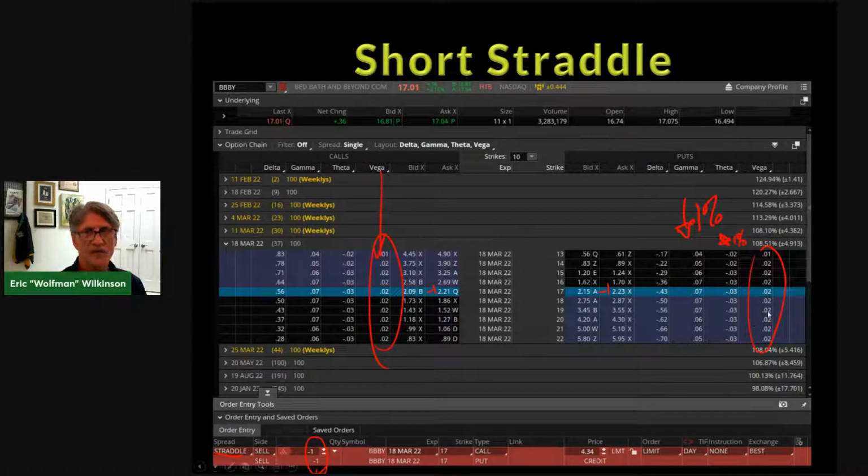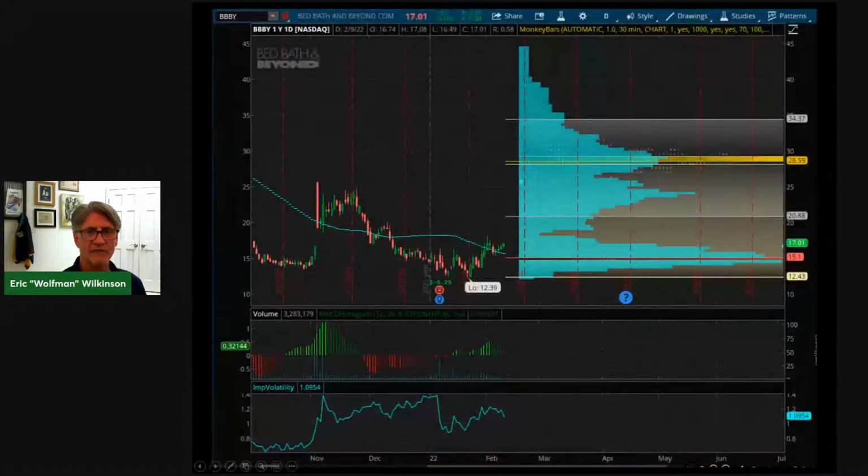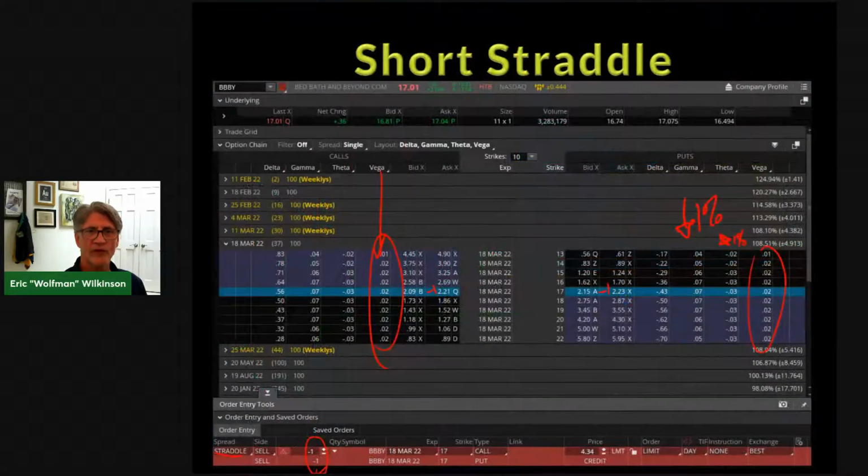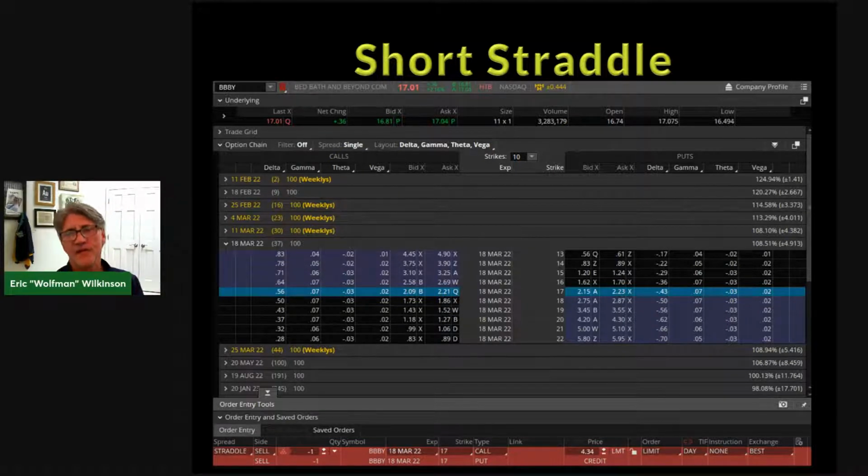All right. So we want to get involved in something like this. Sorry, I'm going the wrong way. We want to get involved in something like this when volatility is really high. Another thing somebody was asking over there on the side, if volatility is really high, that means these premiums over here are super expensive, right?